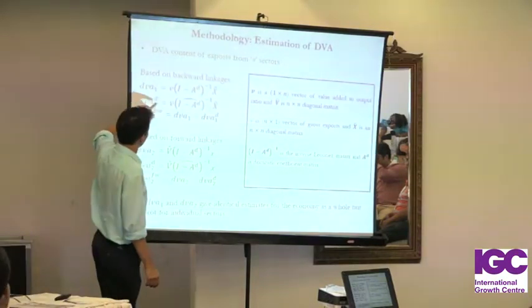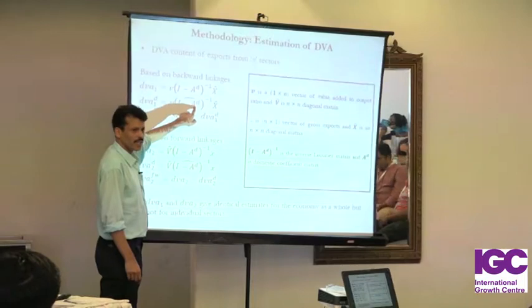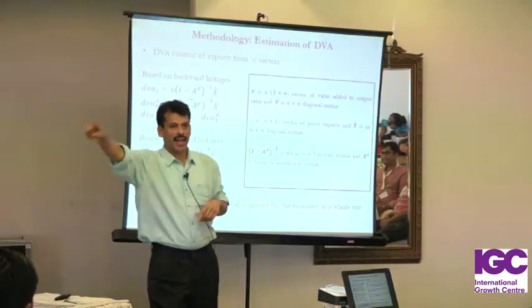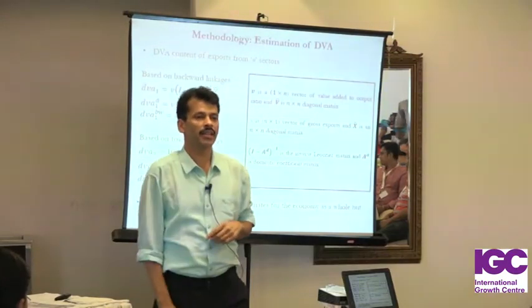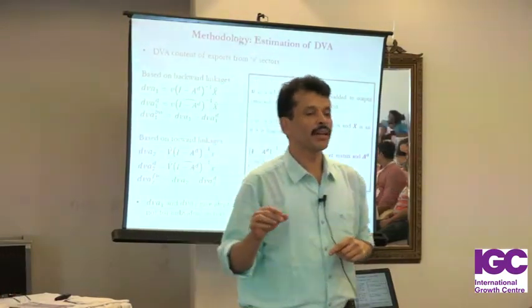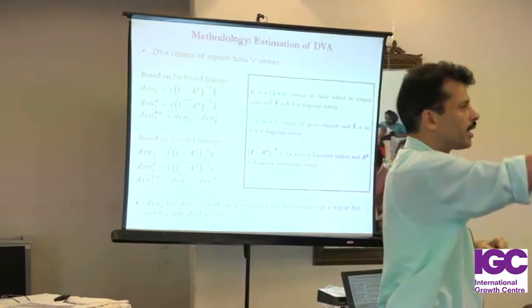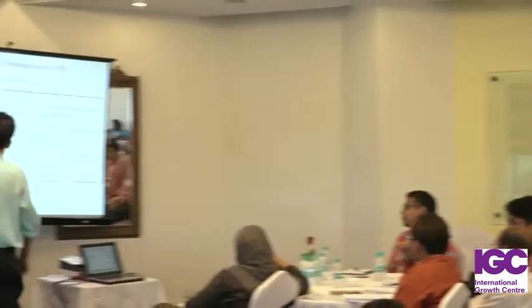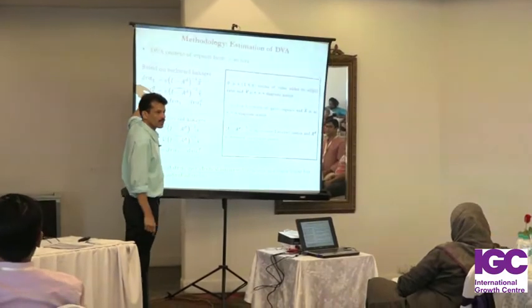So, what we do here is that in this I minus AD inverse, if you take it as a diagonal matrix, the I minus AD, if you take it as a diagonal matrix means only the diagonal elements are positive, off diagonal elements are 0. That means we are not looking at the other sectors, the linkages with other sector, we are only looking at the direct what is happening in the particular sector. So, that gives us the direct value added in the automobile industry.